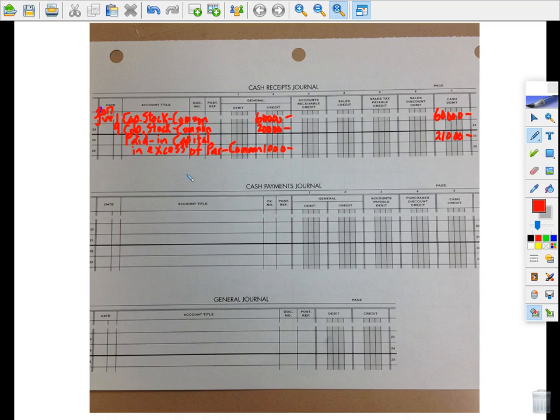And let me just give you the real major difference between preferred and common. All right, if you own preferred stock in a company, if dividends are paid, then you get your dividend payments first before the common stock people get theirs.